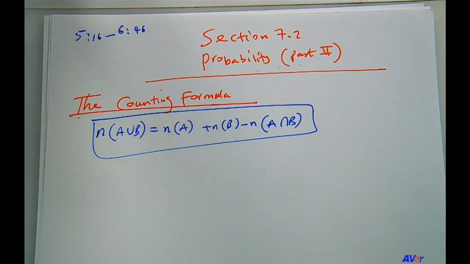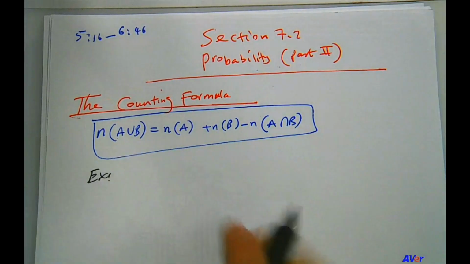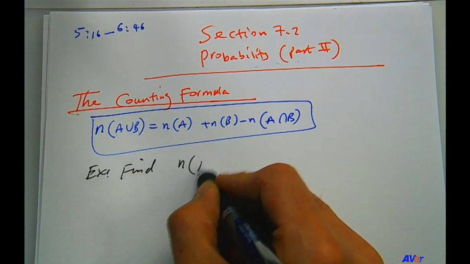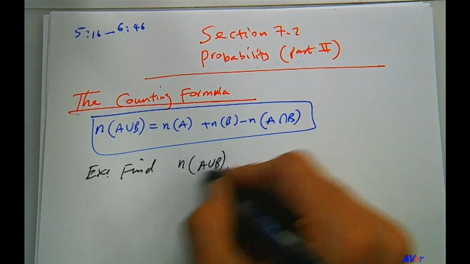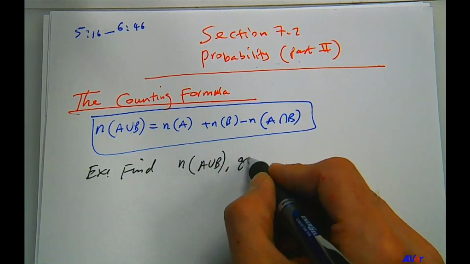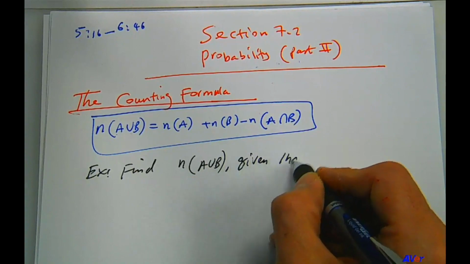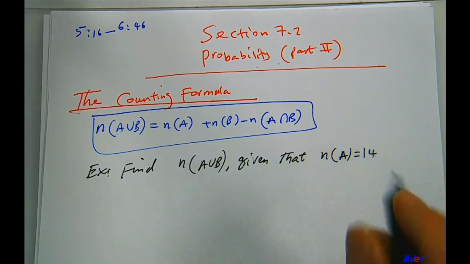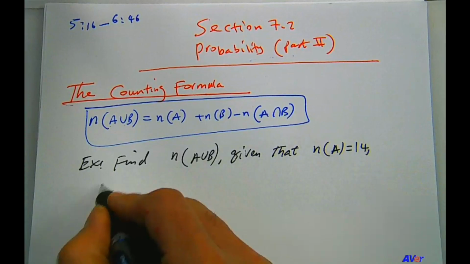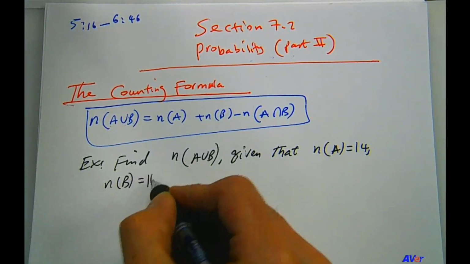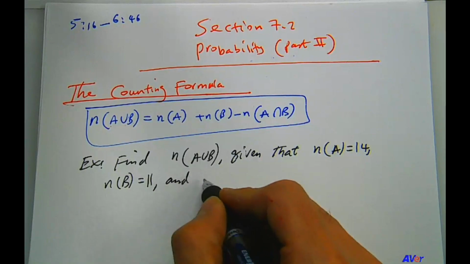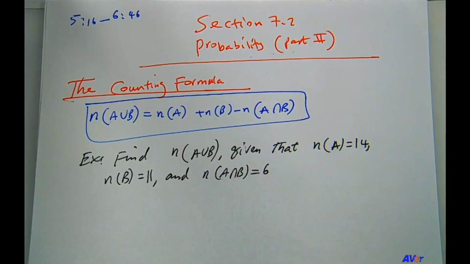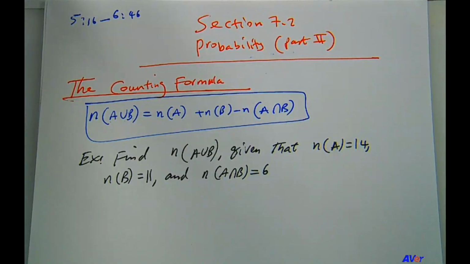So let's look at an example of how we can use this formula. We want to find the count in the union set, or n of A union B, given that the count in set A is 14, the count in set B is 11, and the count in set A intersection B is 6. Okay, so remembering that formula, we just plug in.